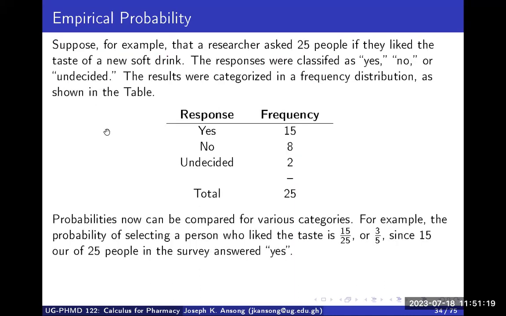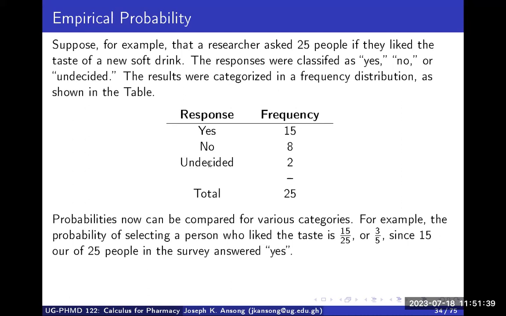empirical. Suppose, for example, that a researcher asks 25 people if they like the taste of a new soft drink, and the responses were classified as yes, no, and undecided.